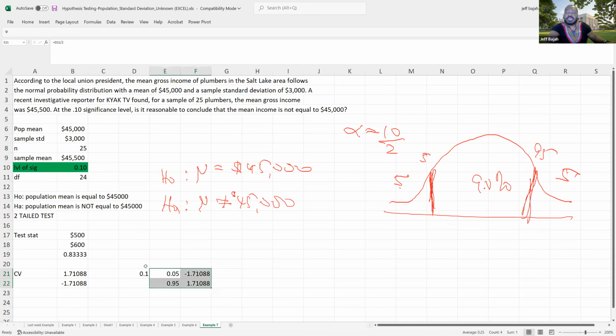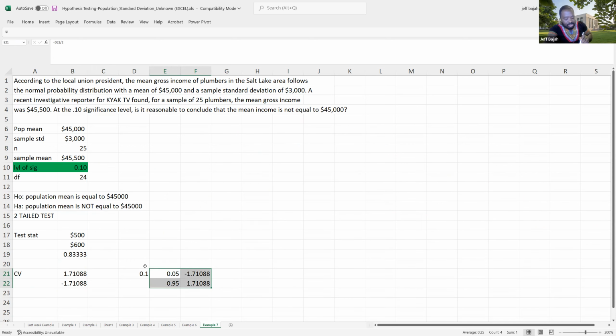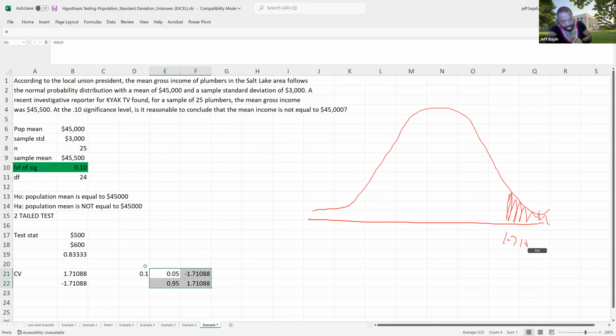The same, right? So what it says here is that this is a two-tailed test. And so anything here, 1.71088, this is going to be our critical value. And then for here, our critical value starts at minus 1.71088. Now, anything here, we're going to fail to reject H0.